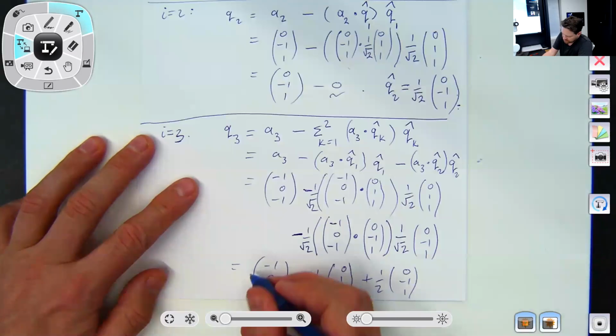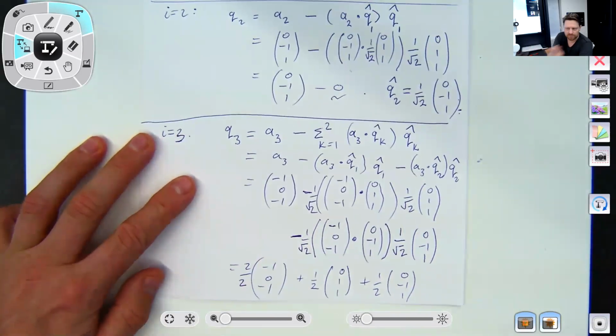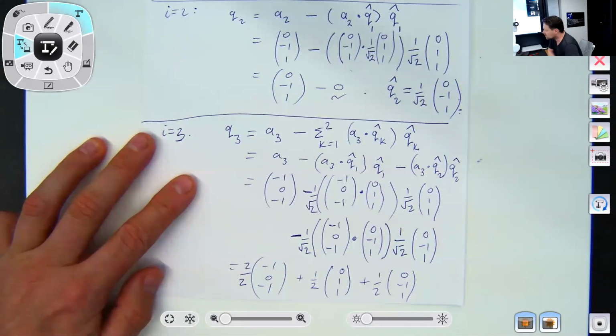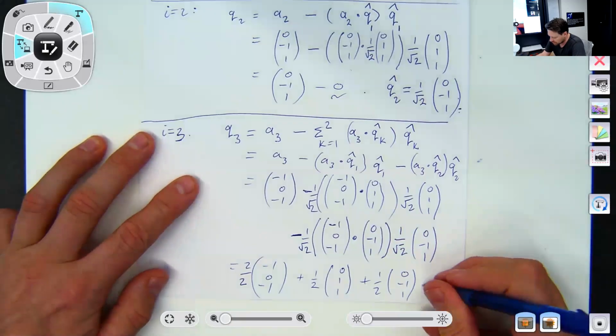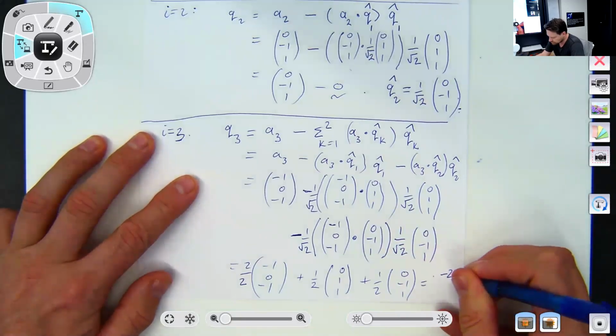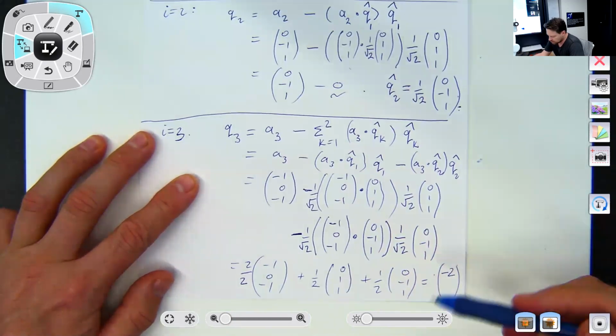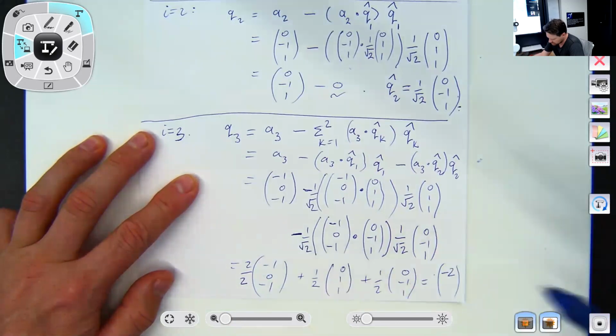So I can even put a 2 over 2 in the front, just to make this a little bit simpler, so I can pull the denominator of 2 out and just add integers if I want to. So in the top, we've got minus 2. Then we have 1, minus 1, 0. So 0 next.